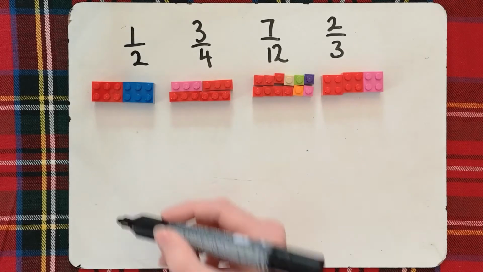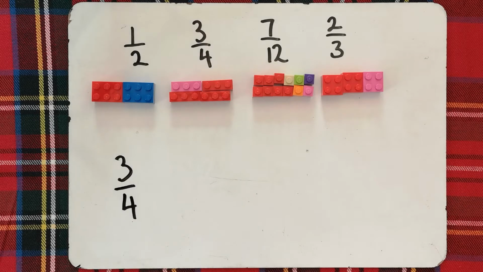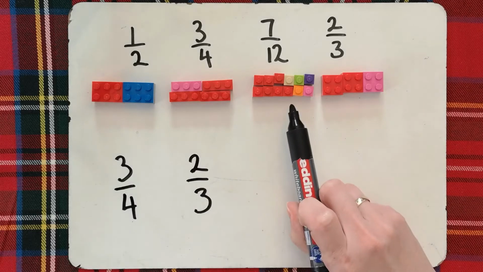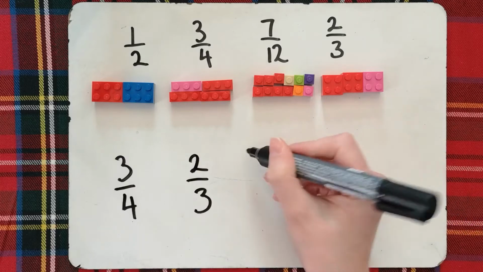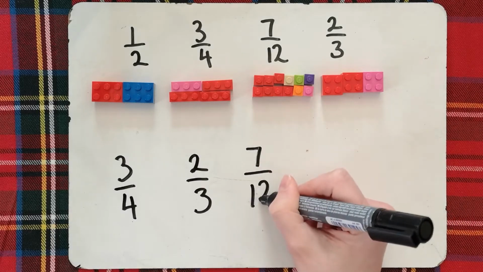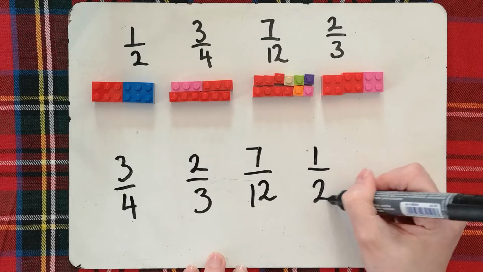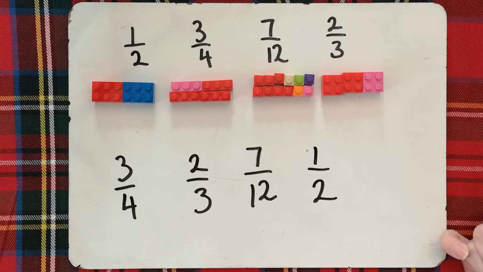The biggest amount of red is the 3/4. Then next would be our 2/3. Then we need to compare them really carefully. 7/12 is slightly bigger. And then our smallest amount of red is in our half. So I can compare them because I've made the fractions.